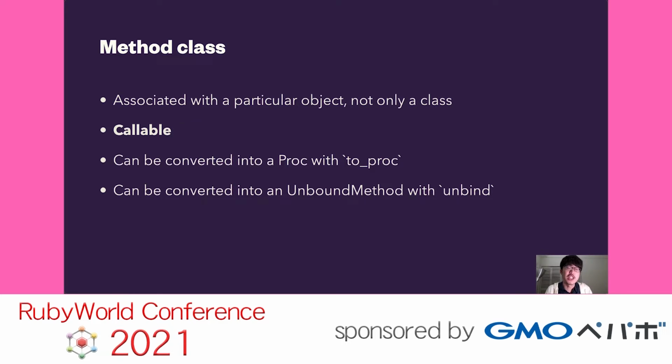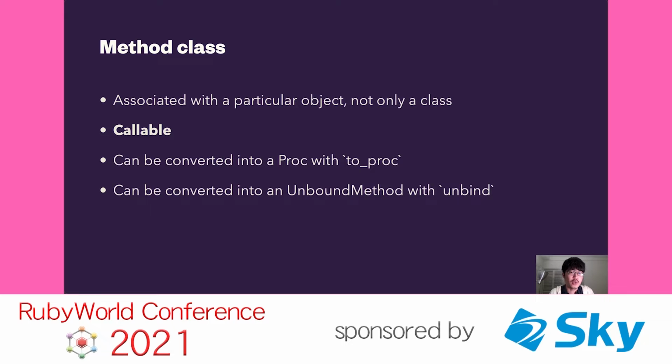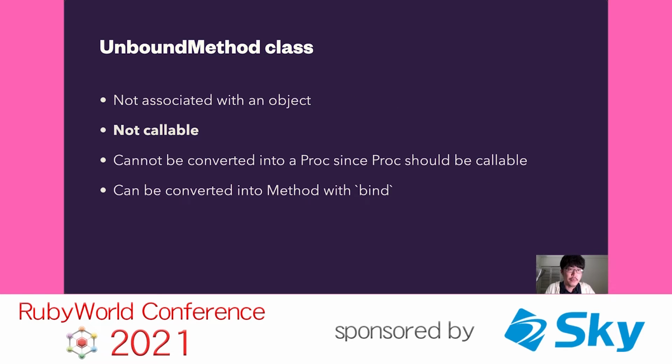The method receiver object is there, so all the information is available. A Method class object can be changed to a Proc object, which is like a block. The other is UnboundMethod, which you can obtain through the instance_method that I explained before.